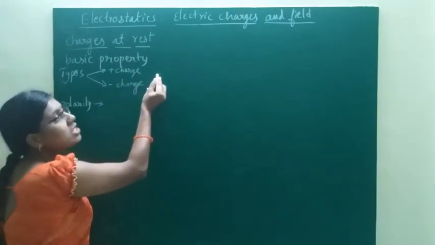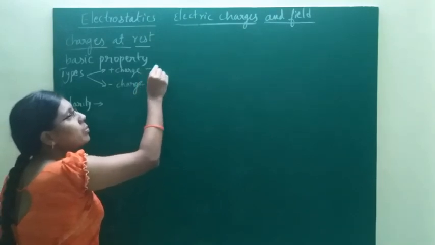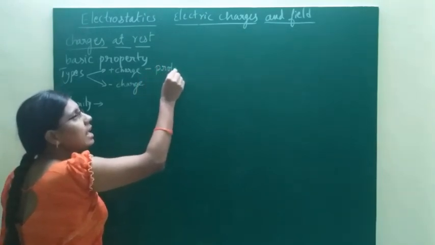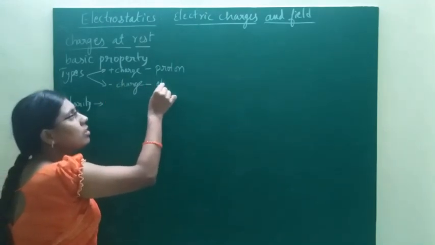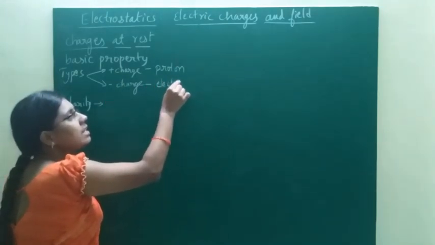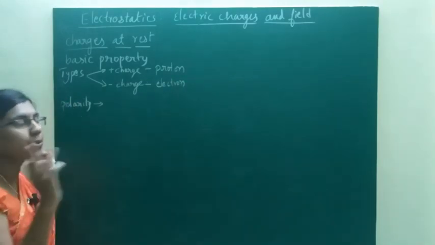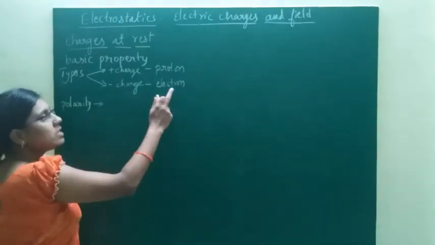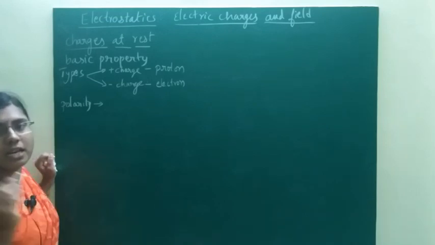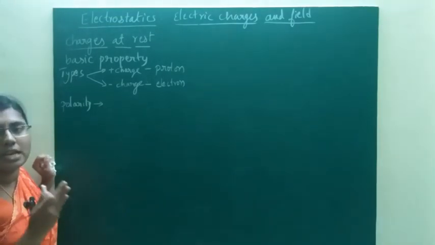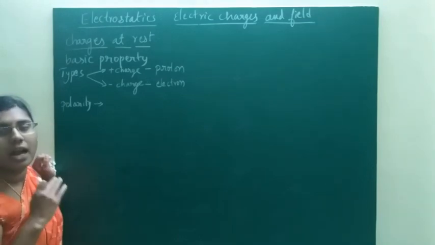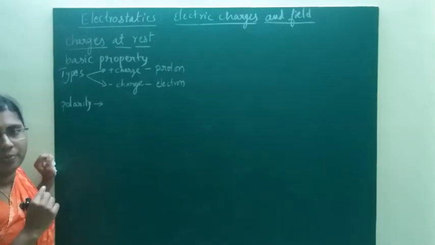Conventionally, the charge on a proton is considered a positive charge and the charge on an electron is considered a negative charge. So when do we say a body is a charged body or an uncharged body?